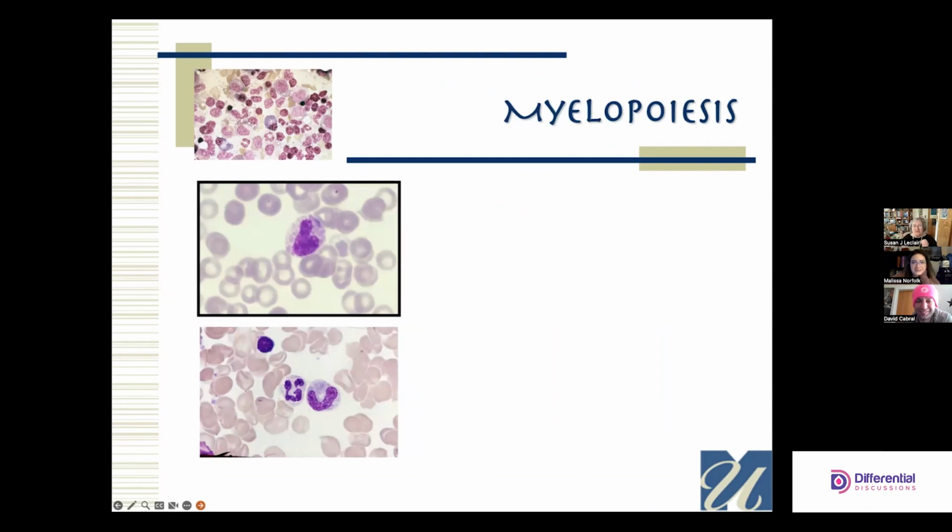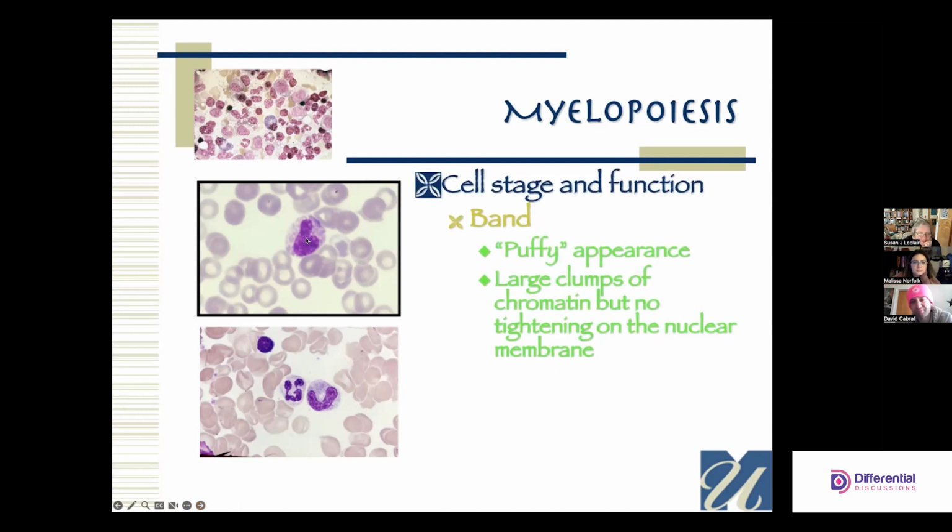Just look at the chromatin. That's what I want you to look at. And I want you to compare it to this guy, which I think we all can agree is the end product of maturation. Okay. These bands here, just what I'm going to call them, so just deal with it. They're puffy.